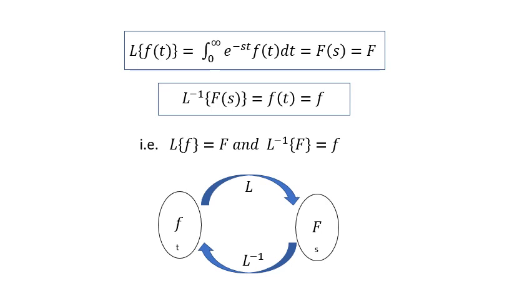In this figure, when we apply Laplace to small f you get capital F, and when you take the inverse, capital F is converted to small f. Small f is a function with variable t, whereas capital F is a function with variable s.